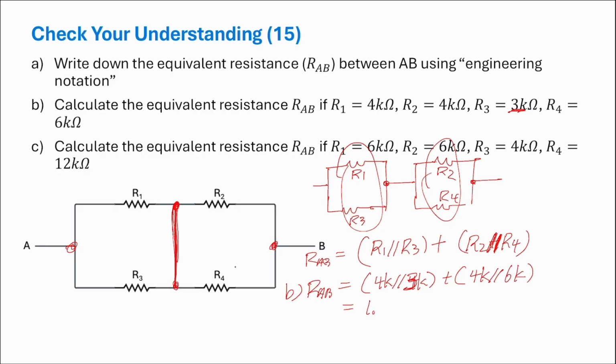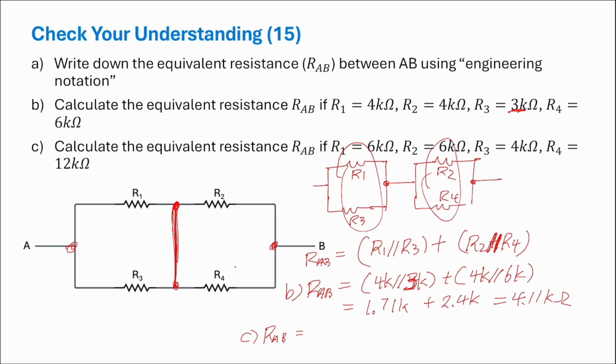So this is 1.71K plus 2.4K, and it is equal to 4.11K ohm.